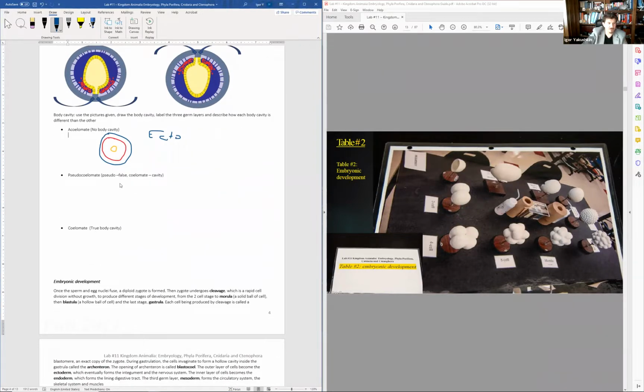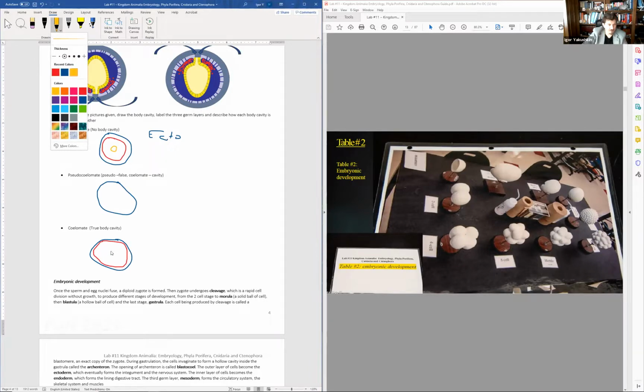Now, in pseudocoelomates, you will have exactly the same picture as in the coelomates. But in this case, let's go with the red one. So we're looking at the mesoderm. And then we're going with the endoderm, right? The digestive one.